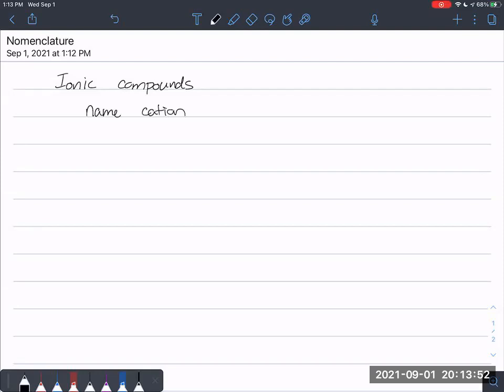So let's take a look at, let's see, which one do we pick? Let's pick fool's gold. So we're going to talk about this compound. So the cation is the species that is written first.